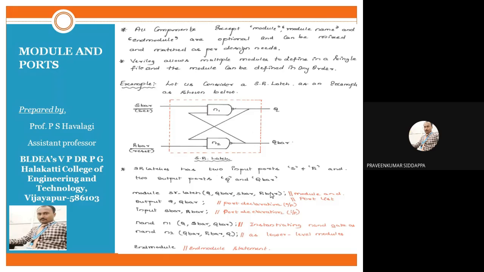Next, after writing these two sentences, it should have the input and output. Within the parentheses, we have written the inputs as well as the outputs. All four I have written. But what should be the next sentence? Whenever we have written all four variables, the question is which are the inputs and which are the outputs.